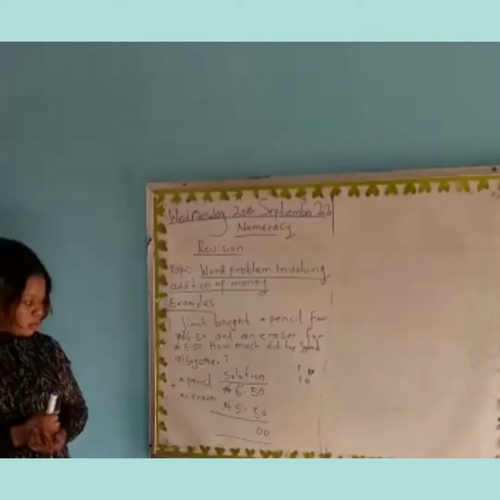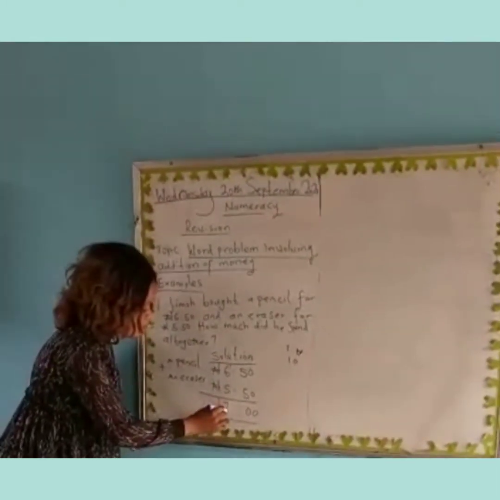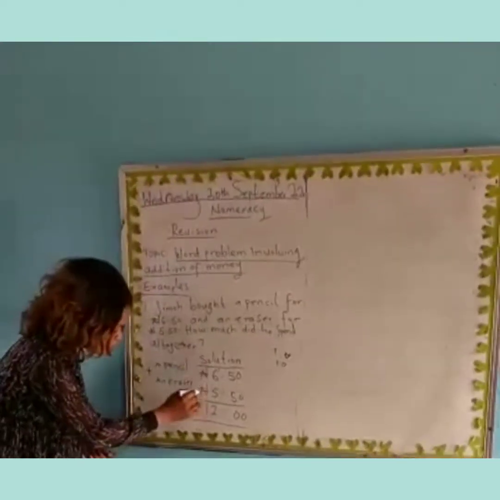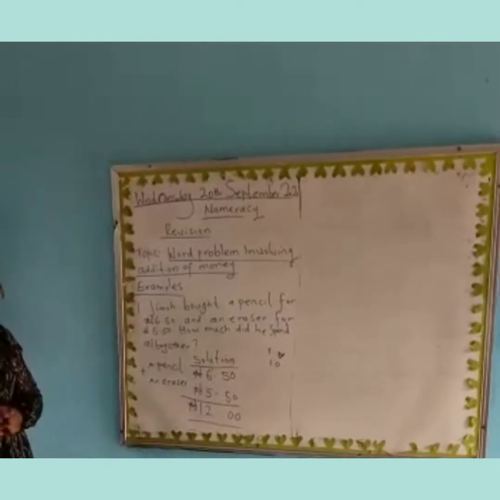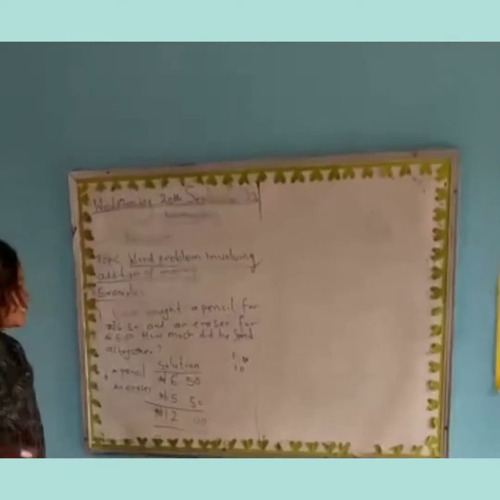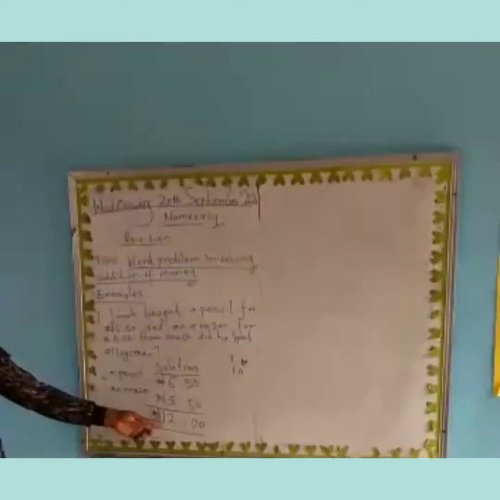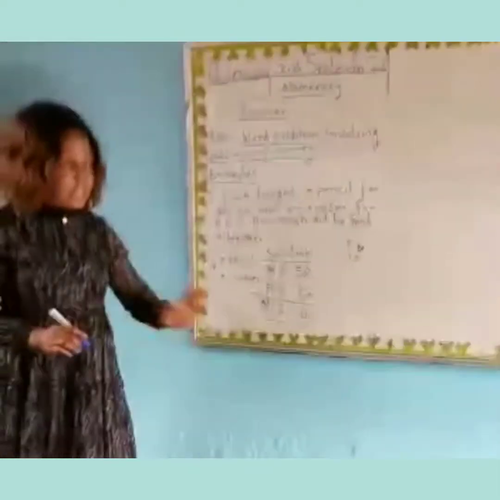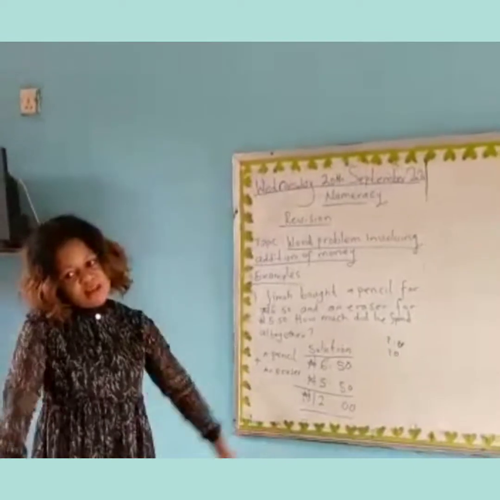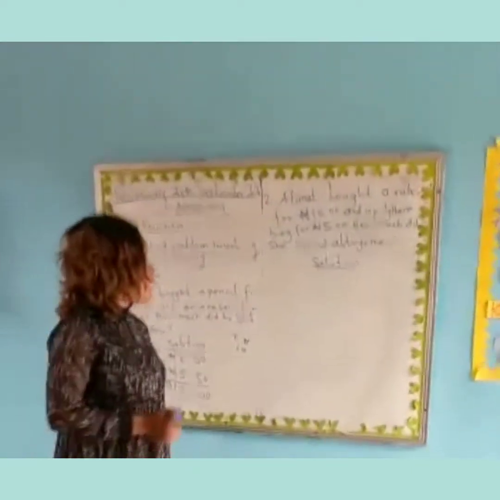So we write a total of 12 here. Make sure you bring down the naira sign. The question is, how much did he spend altogether? He spent 12 naira. There is no kobo, right? 0 kobo. If there are 2 zeros, just call it 12 naira.